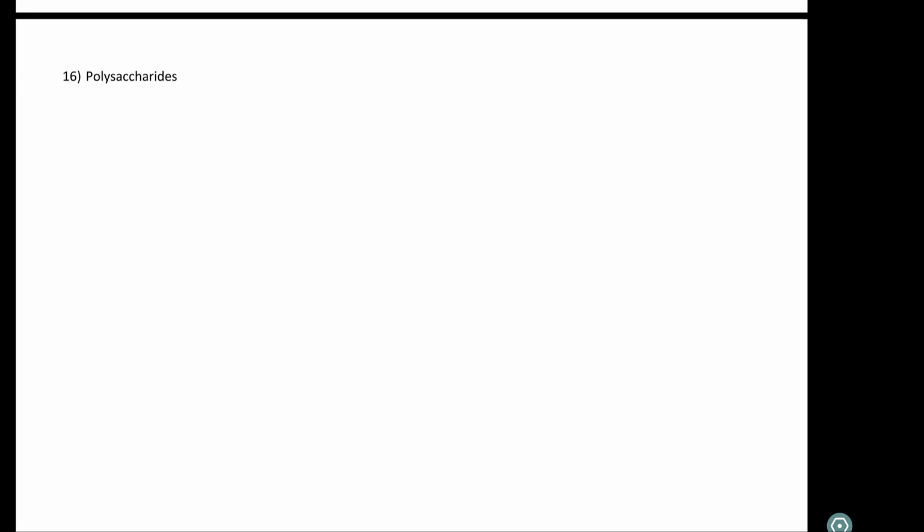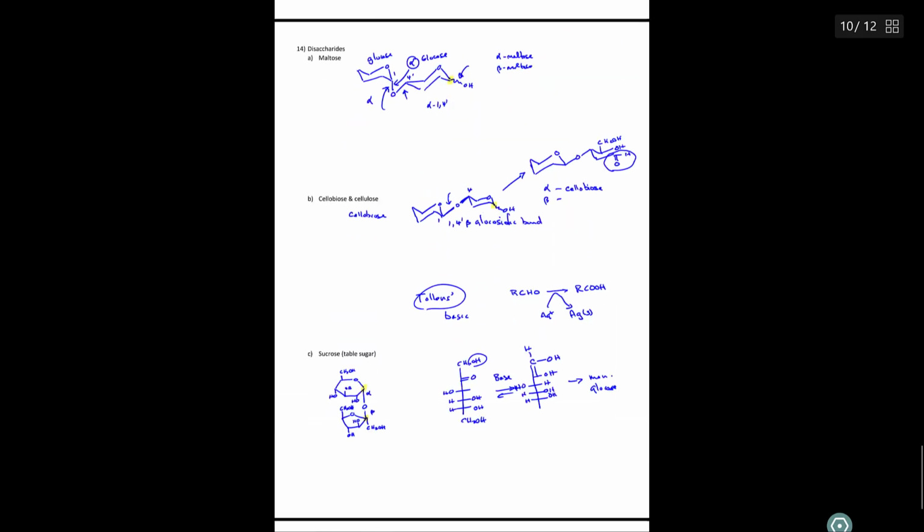So now I want to talk about polysaccharides, and when you're going through the slides, don't get confused. There's this whole page up here, which was just what was left over of what I thought I couldn't fit in here, where I talked about the notation for the glycosidic bond and the alpha-beta notation. So we're going to talk a little bit about polysaccharides now.